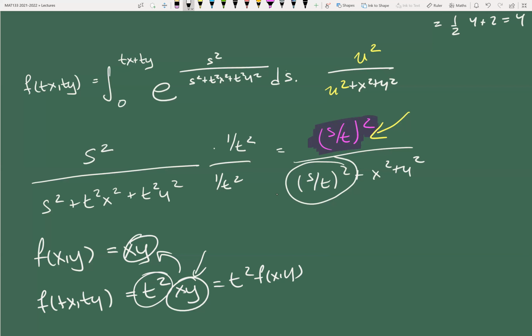But Brandon, that's what you want. You want to get back to where you started, maybe with some extra t's hanging around, because that's exactly what you're doing when you're proving homogeneity. You're trying to show that if you plug tx and ty in, you can basically pull the t's out, and what you're left over with is what you started with, if you hadn't plugged any t's in.